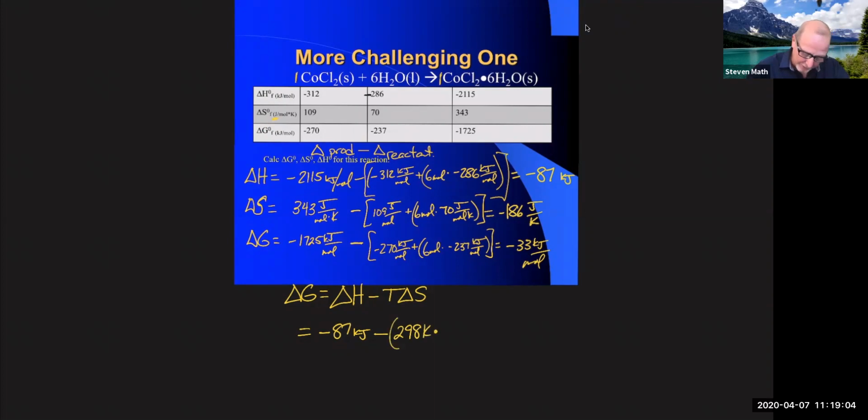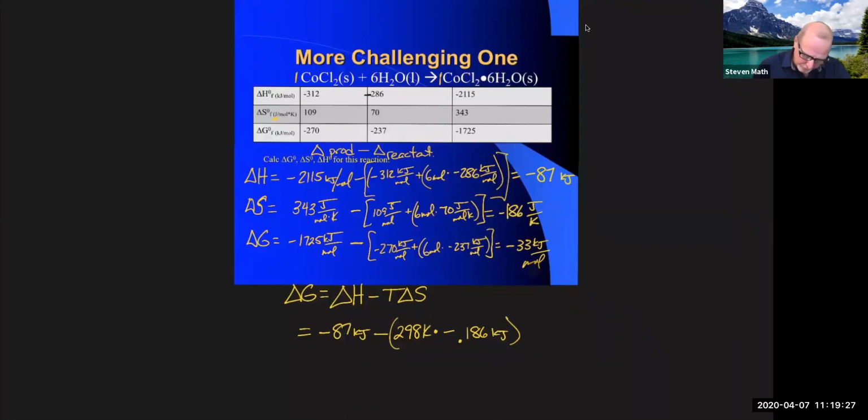times delta S. Now, delta S was up here in joules. It was negative 186. So now it's going to be negative 0.186 kilojoules. Technically, I have to clean this up. This wasn't kilojoules per mole.